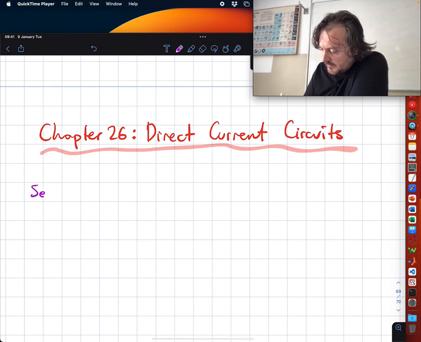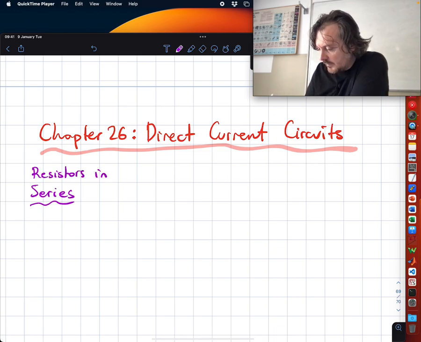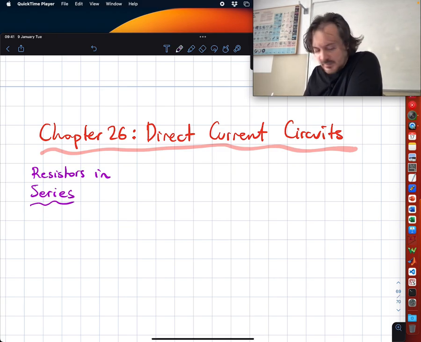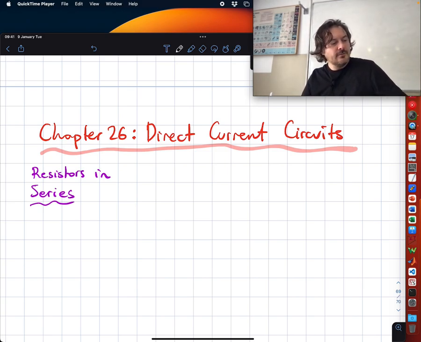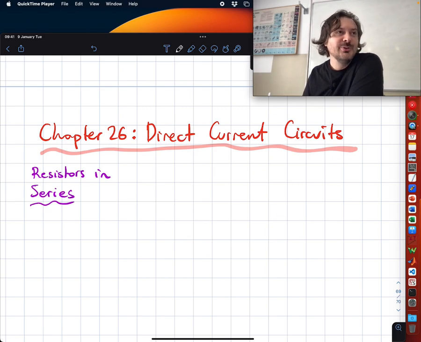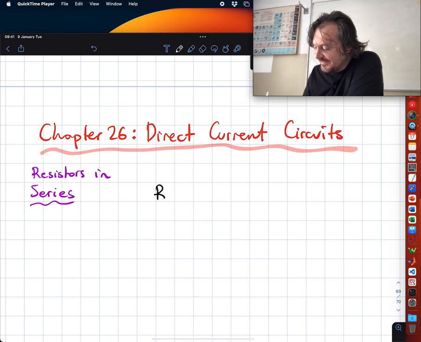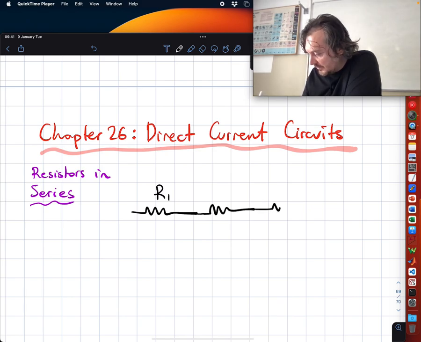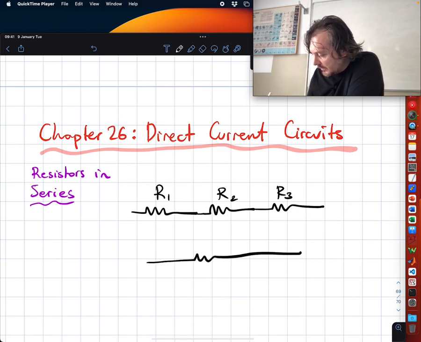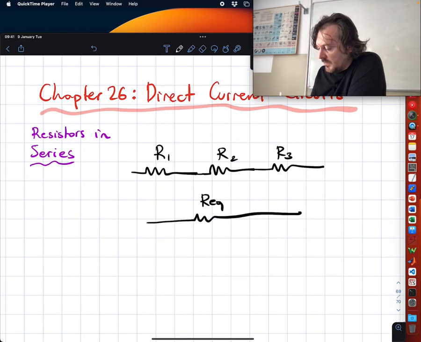So when you connect resistors in series, then what is the equivalent resistance? R1 plus R2 plus R3. So if I'm making an analogous circuit for this one, like this, you already know what it is, right?